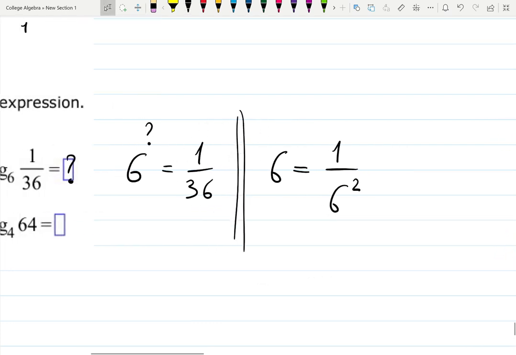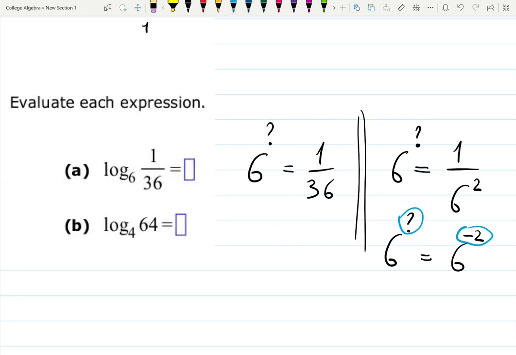You still don't know? Then rewrite: 6 to the question mark gave you 6 to the minus 2, because 1 over 6 squared is 6 to the minus 2. Well, now it becomes obvious. Negative 2 made it happen. So the answer is negative 2.